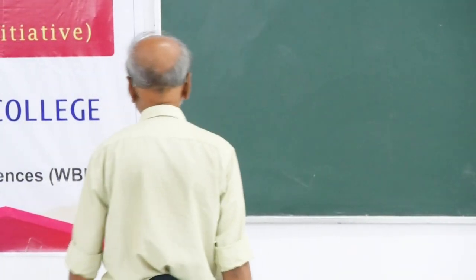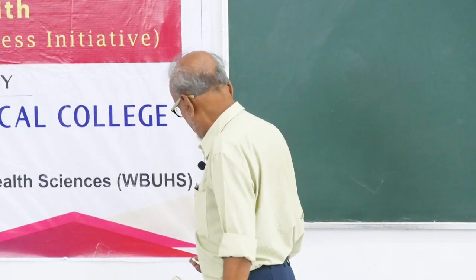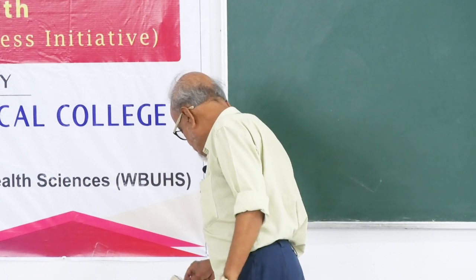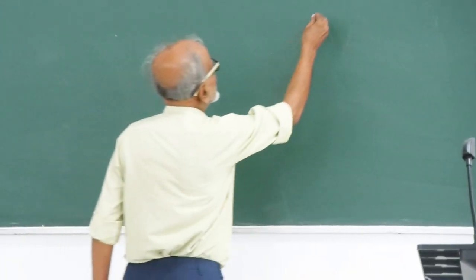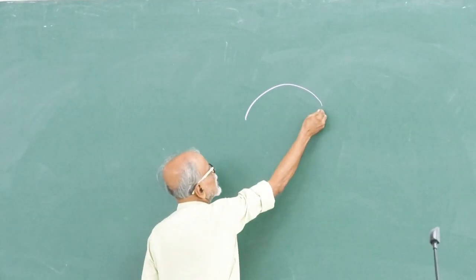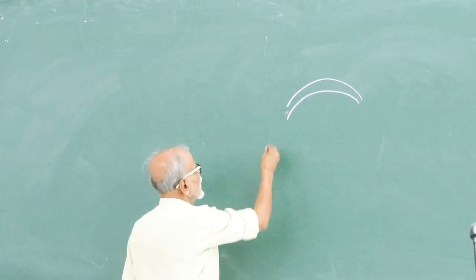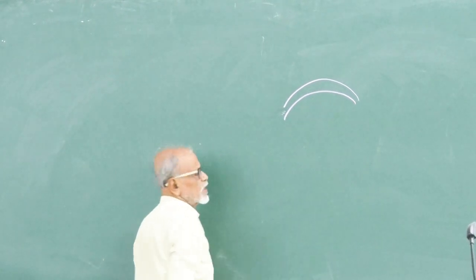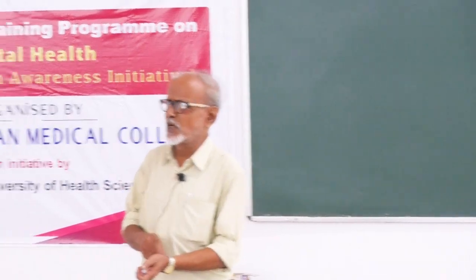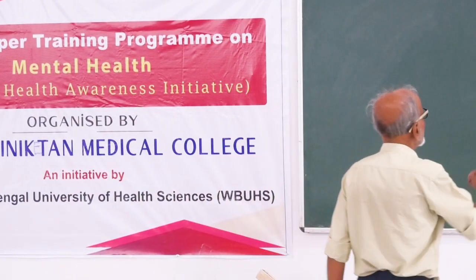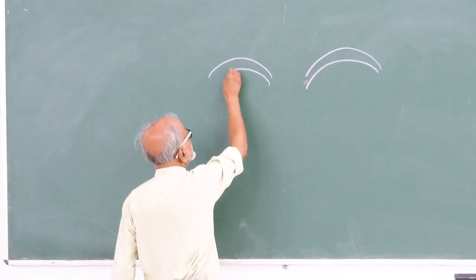Now, the fate of the six aortic arch arteries differs on the two sides. This is one of the six aortic arch arteries. This is the left, obviously the left sixth arch artery. Here will be the right sixth arch artery, like this.